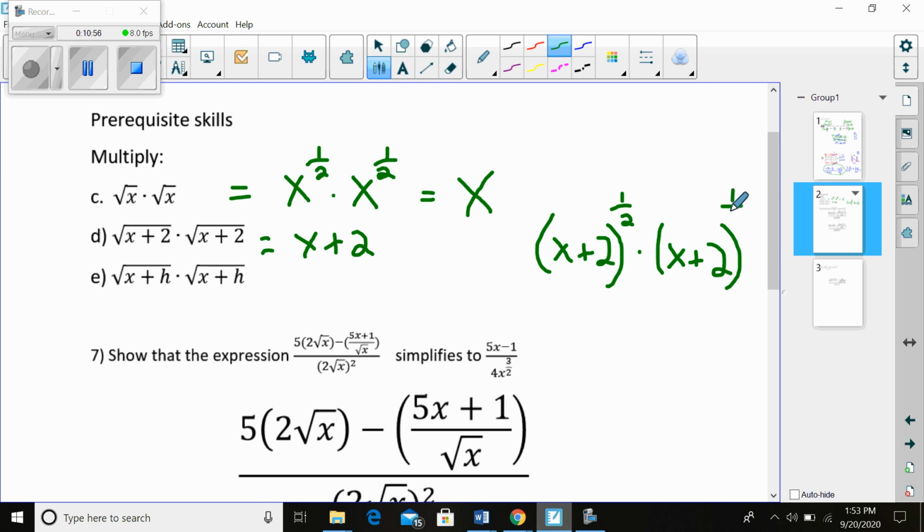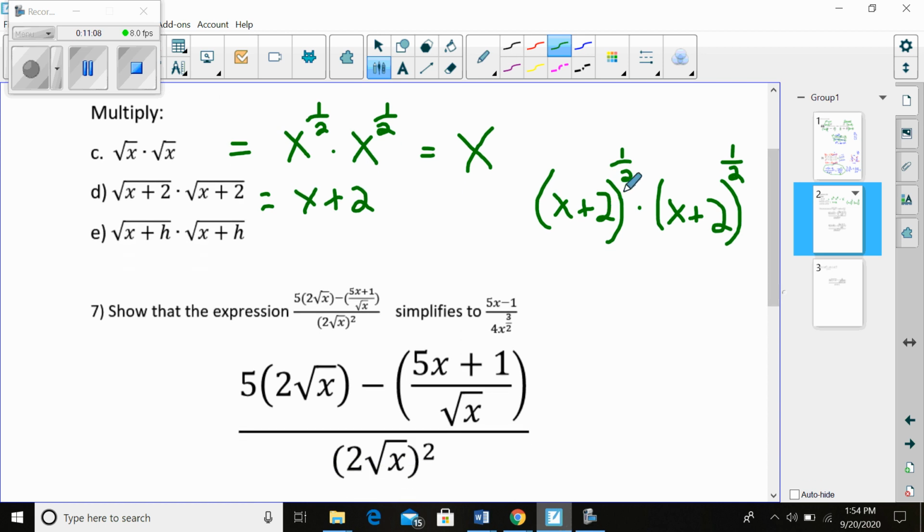So the square root of some quantity is the same as raising the quantity to the half power. You'll want to, in these next two exercises, be able to fluently switch back and forth between those representations. But again, add exponents, powers of the same base. I can add the exponents, and that's how I get x plus 1 to the first, which I don't have to write to the first.